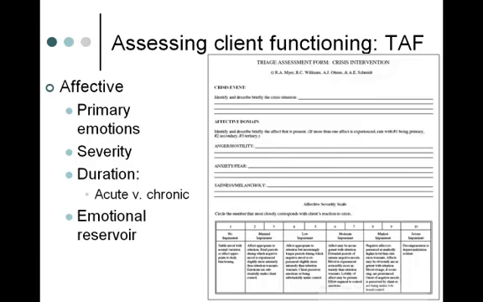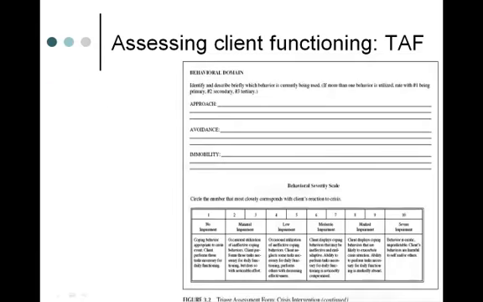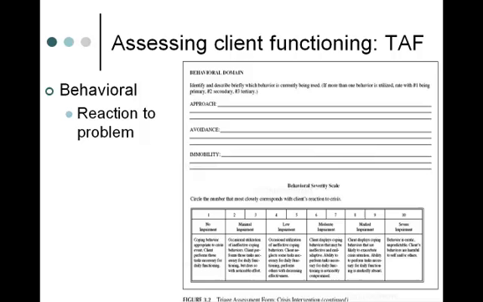Okay. We already talked about the emotional reservoir, the behavioral domain. So you're wanting to look at their reaction to the problem, and is it typified primarily by approach, avoidance, or immobility?